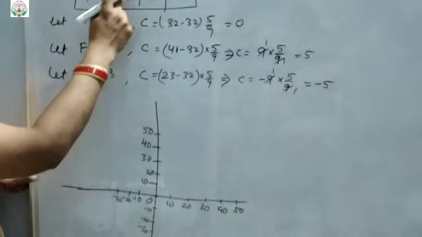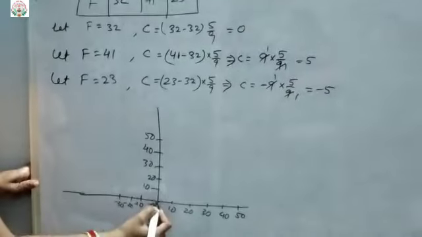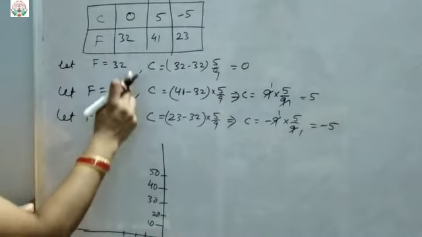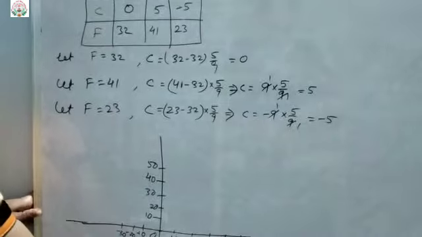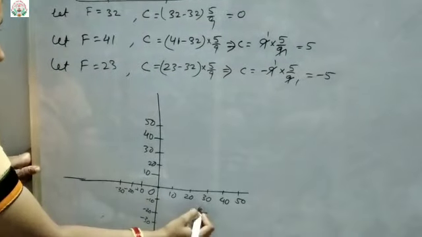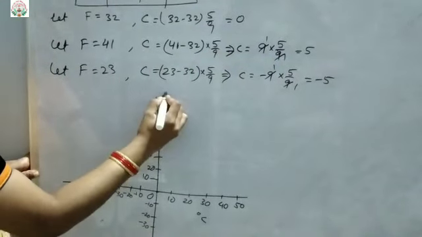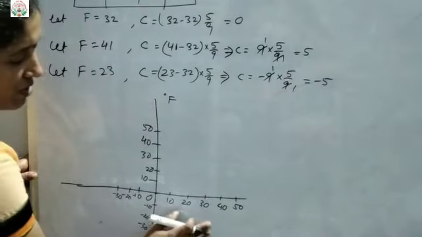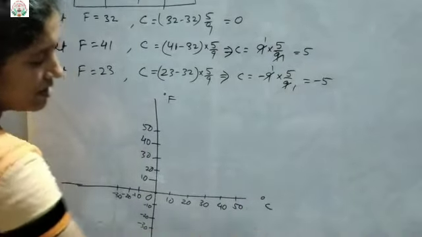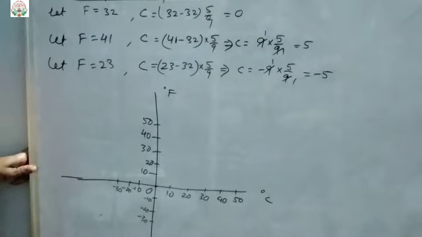Now see here, 0 when C is 0. What we have taken is C as X. That means this is degree Celsius and this one is degree Fahrenheit. The x-axis we can write here as degree Celsius, and this is degree Fahrenheit.